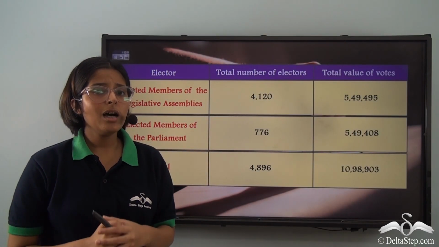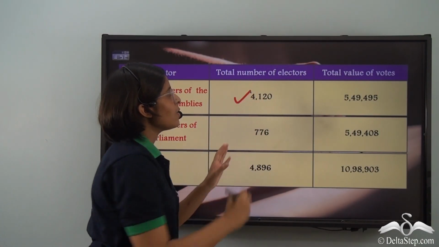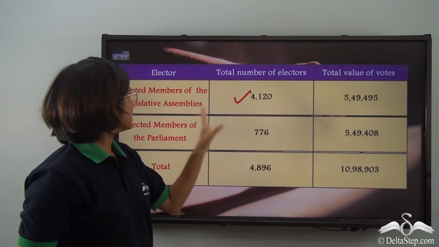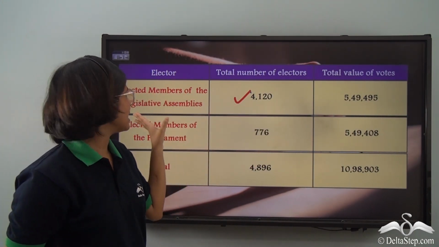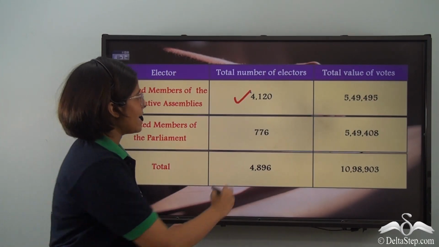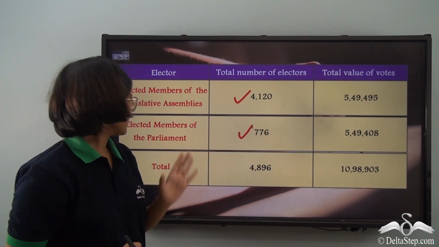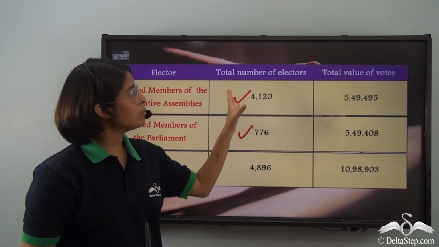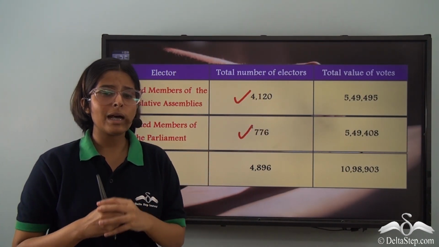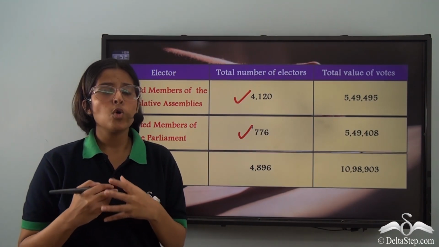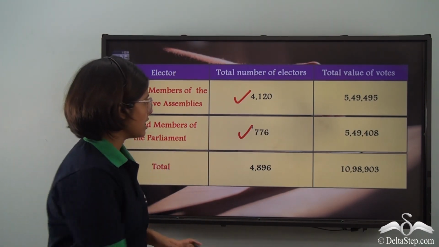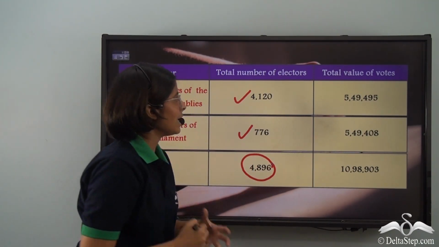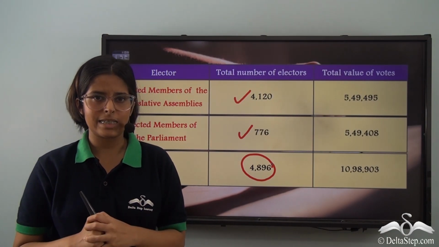Now in India, we have 4,120 elected members of the legislative assemblies and 776 elected members of the parliament. So the total number of electors or the total number of voters who will elect the president is 4,896.